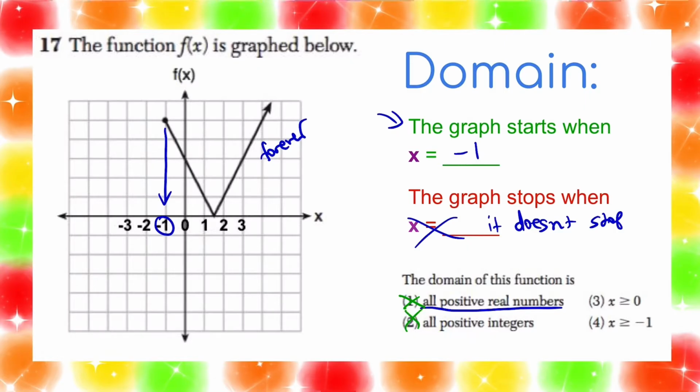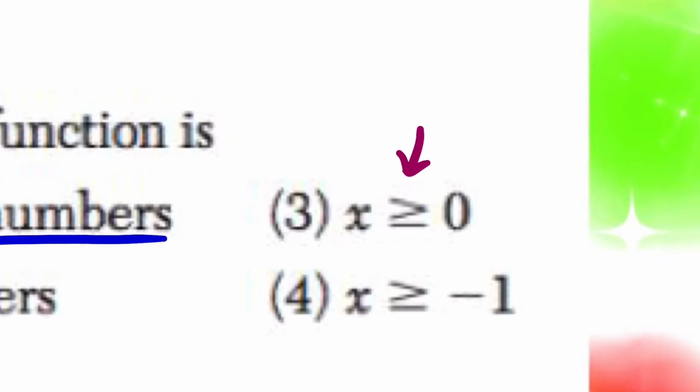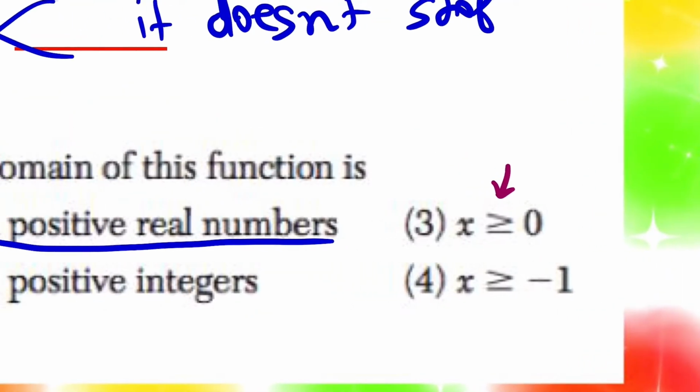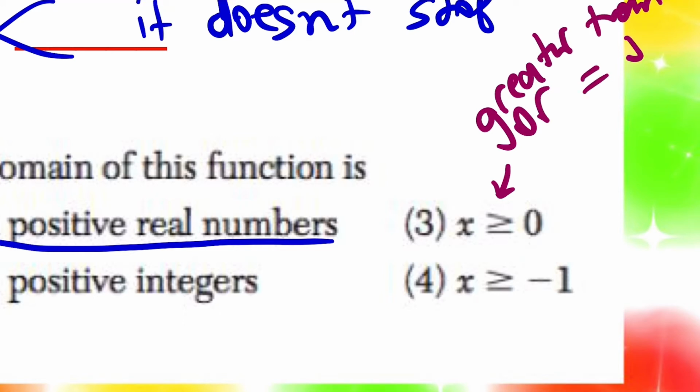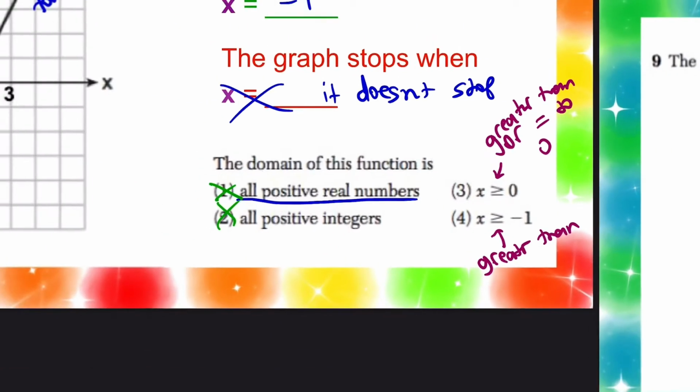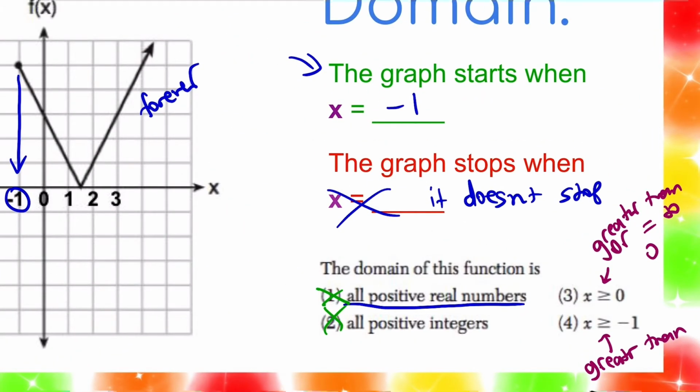So now I'm looking at my inequality ones. I think it's helpful to translate these to English. What is this symbol right here? I'll zoom in. So this means greater than or equal to 0. And this says greater than or equal to -1.